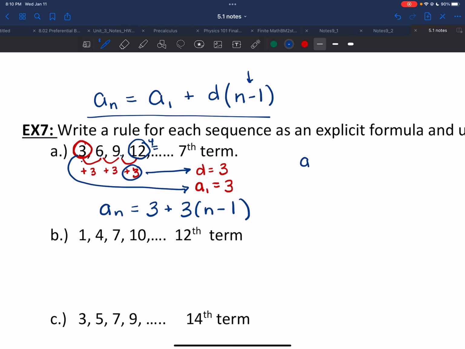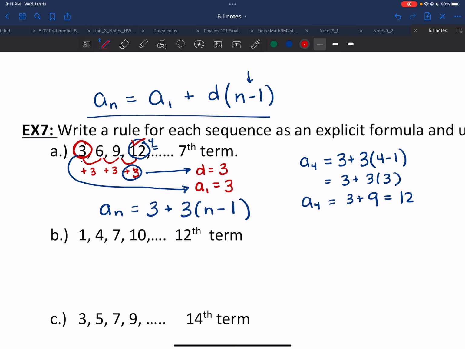If I have a_4, that's going to equal 3 plus 3 times 4 minus 1. So that's going to be 3 plus 3 times 3. So 3 plus 9, which is 12. So that checks out, right? That formula works for us.